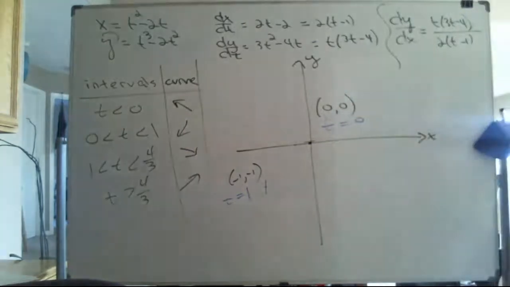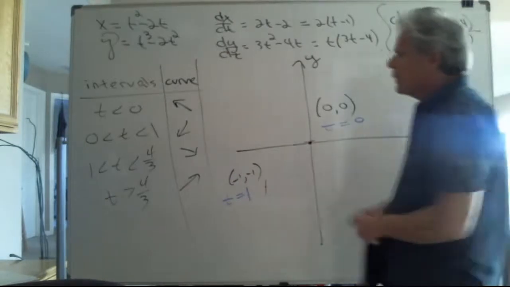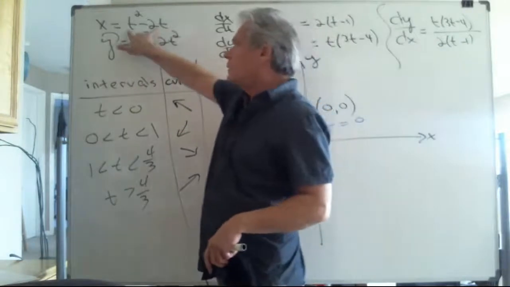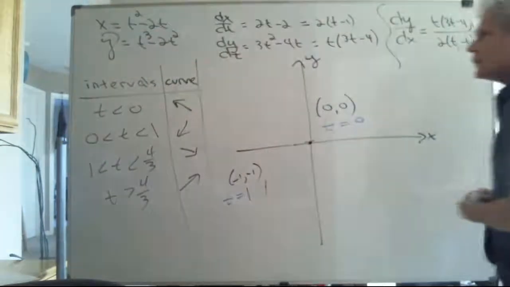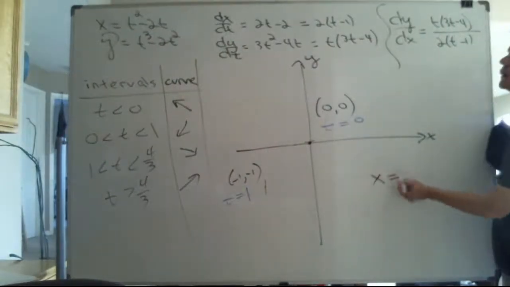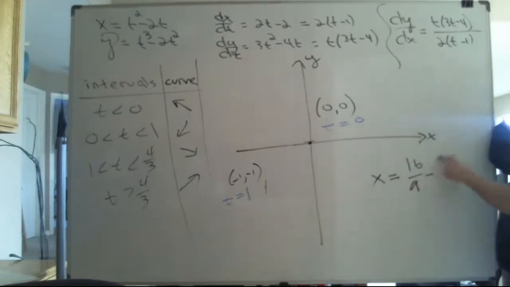Now, if the remaining t-value is 4/3, oh no, some arithmetic, shoot. All right, I better slow down. The x-coordinate when t is equal to 4/3 is this. I said 4/3, yes.